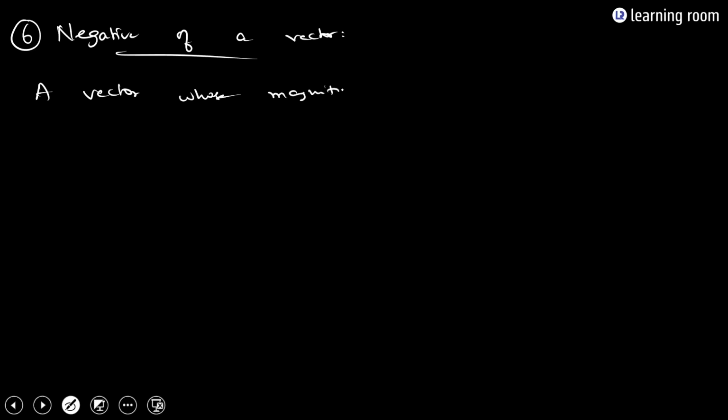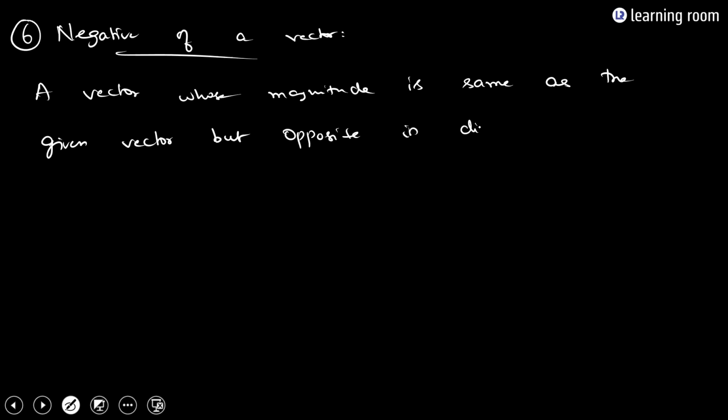Sixth one is negative of a vector. So a vector whose magnitude is the same as the given vector, but opposite in direction, is called negative of a given vector.